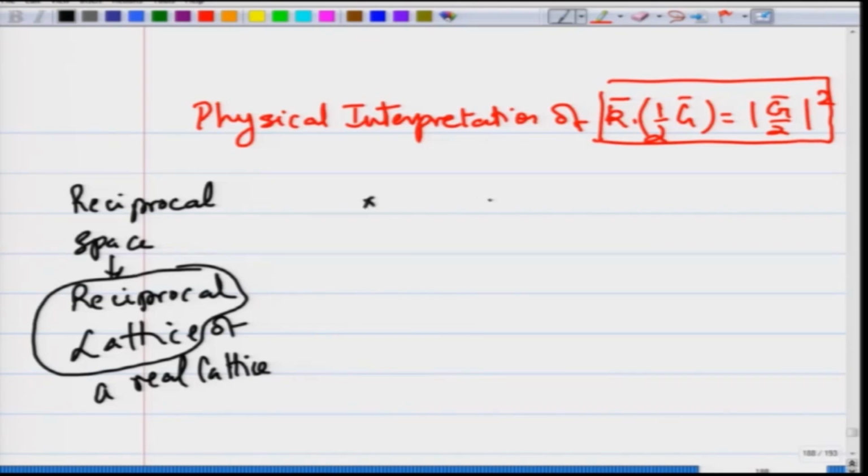For example, in 2 dimensions, I am just making a simple reciprocal lattice as an example.